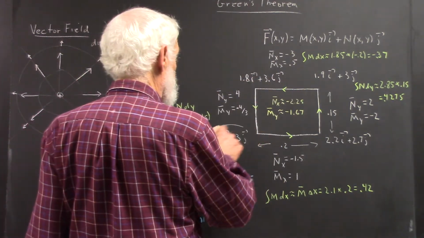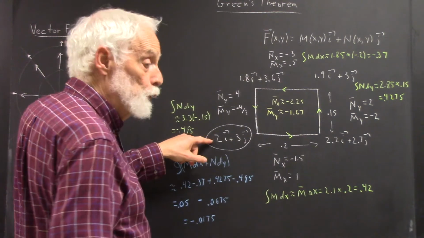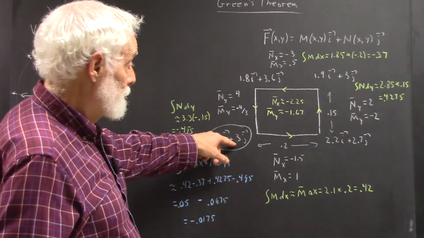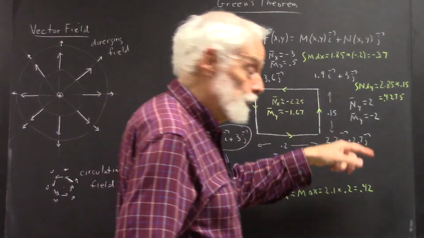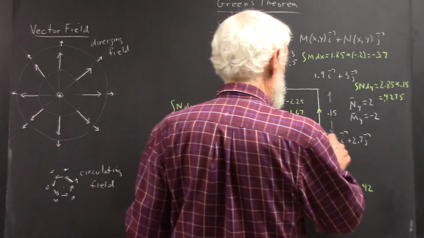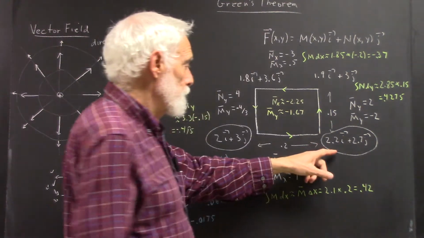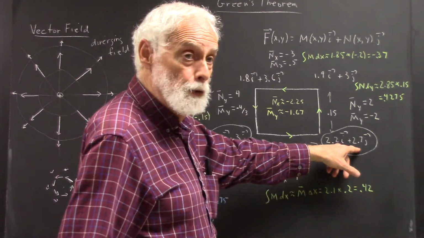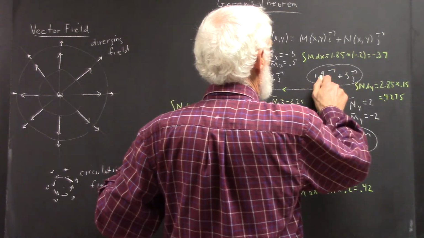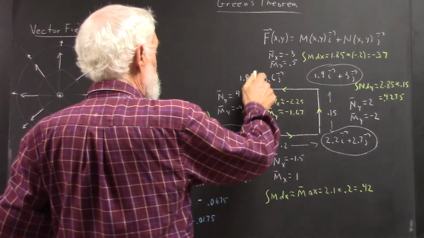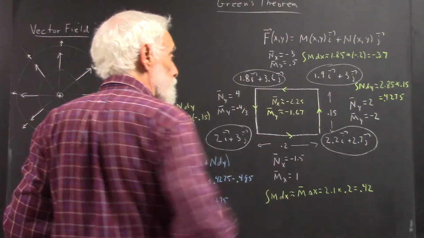So at this corner point, M is 2 and N is 3. At this point, 2 tenths of a unit in the x direction from this one, M is 2.2, N is 2.7. And similarly, we have M and N at this vertex and M and N at this vertex.